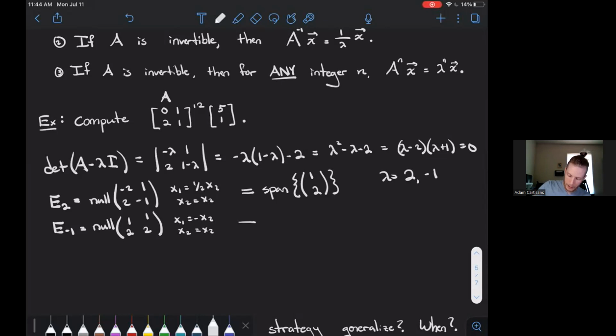So E -1 is going to be the span of -1, 1. And let's just check again to make sure this does indeed flip the sign of our eigenvector.